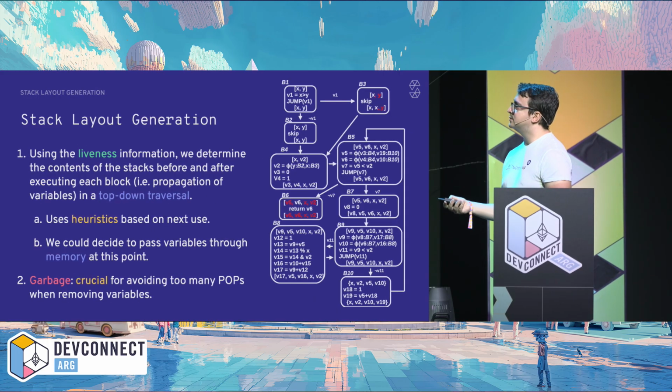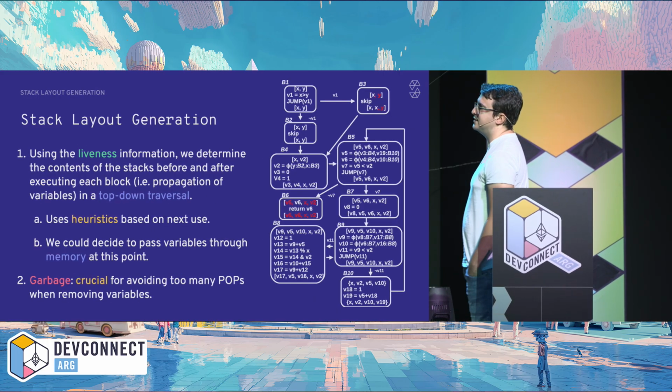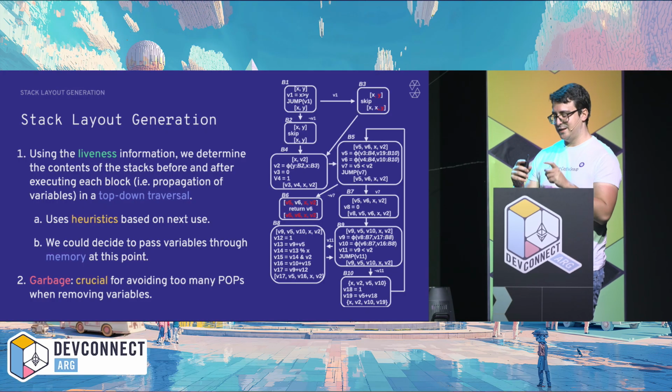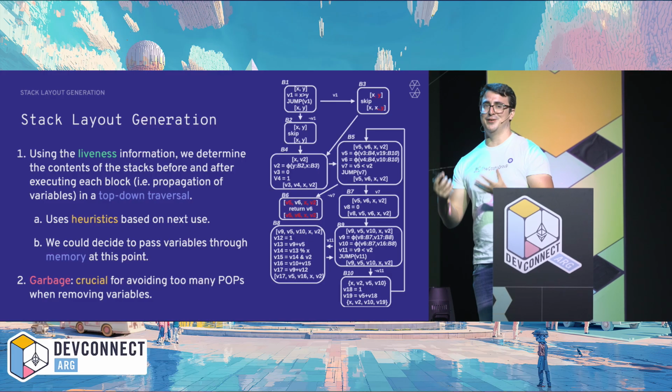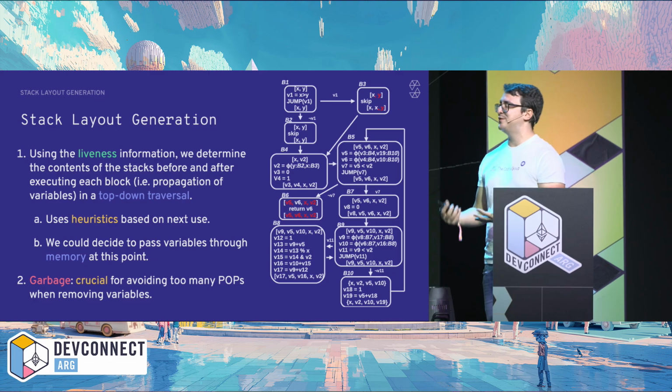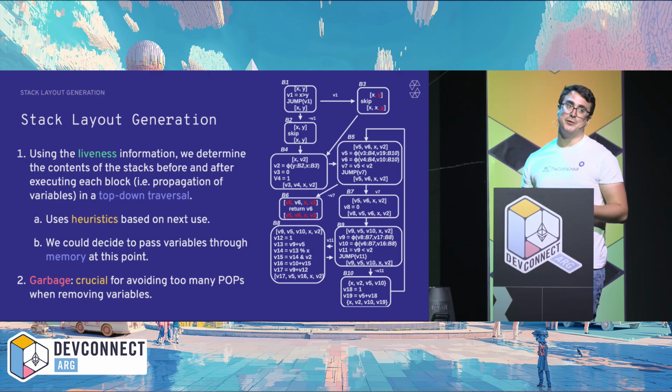So the next step is this stack layout generation phase. And the good thing is that as we have the liveness analysis, in the end, generating a stack layout means that I have to give an order in which the variables appear in the stack, so that later the code generation phase can assume that the variables are propagated in a certain way.